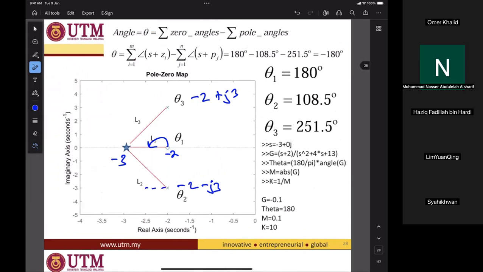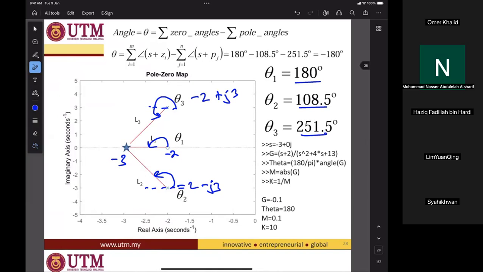And theta 2, which is this one, is 108.5. And theta 3 is here, 251.5. So you can use trigonometry to find the angle.